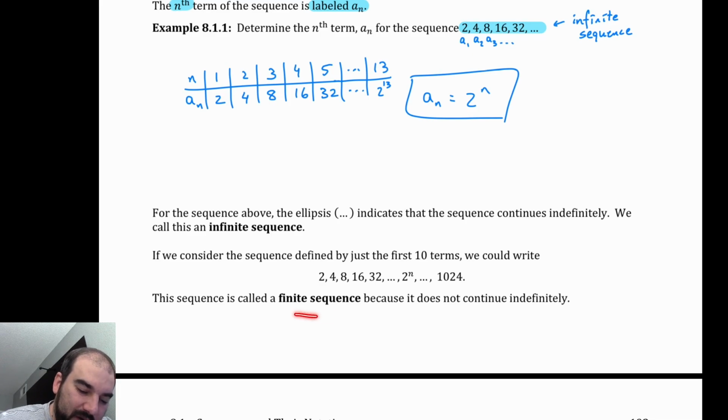But down here we talk about a finite sequence, which would have a stopping point. So this is an example of a finite sequence. If you stop the sequence at any term, then it becomes a finite sequence, meaning it has a finite number of terms.